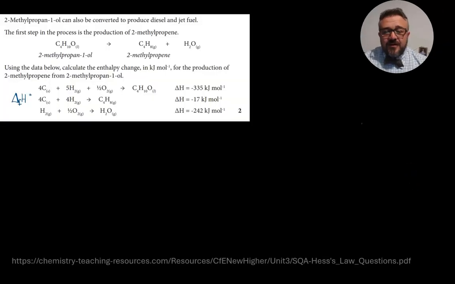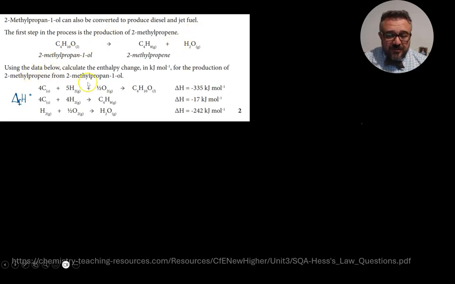Alrighty, so here we have a question. These are all IB questions. 2-methylpropan-1-ol can also be converted to produce diesel and jet fuel. The first step of the process is the production of 2-methylpropene, and here we go, propanol to 2-methylpropene, and it gives us water over here.